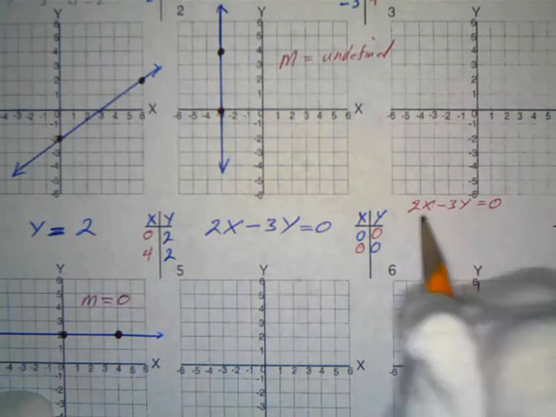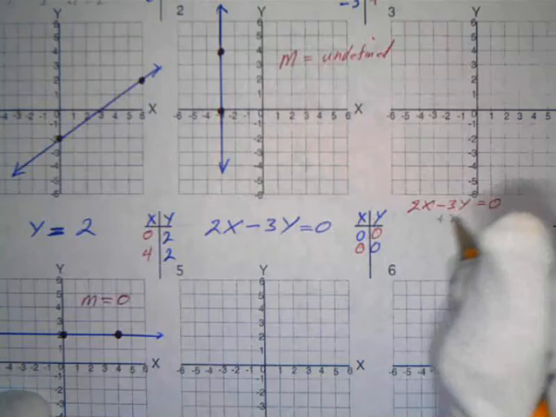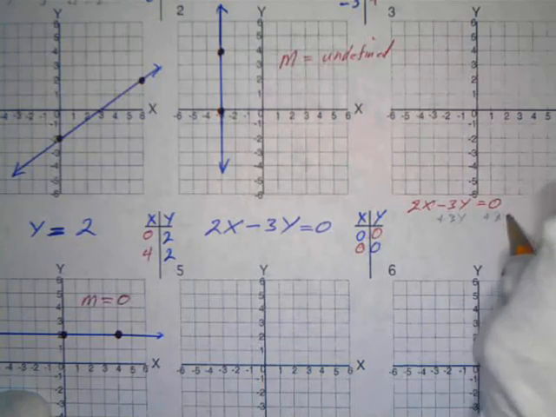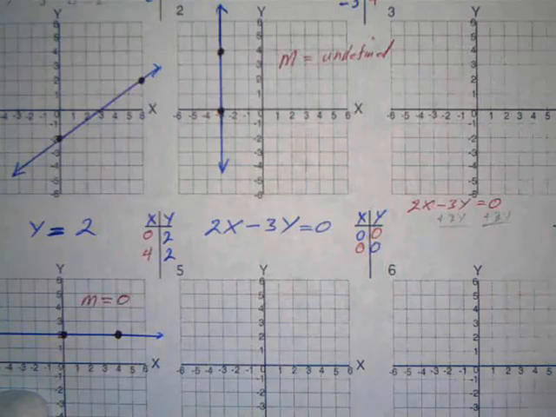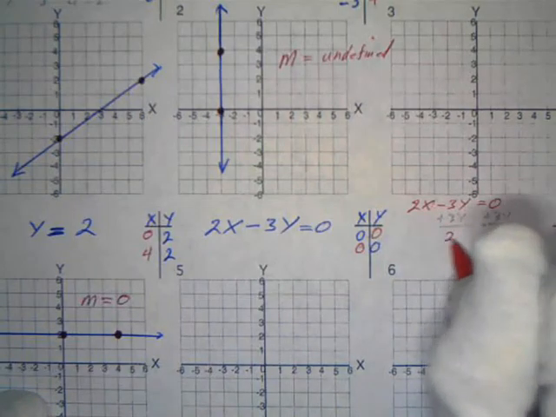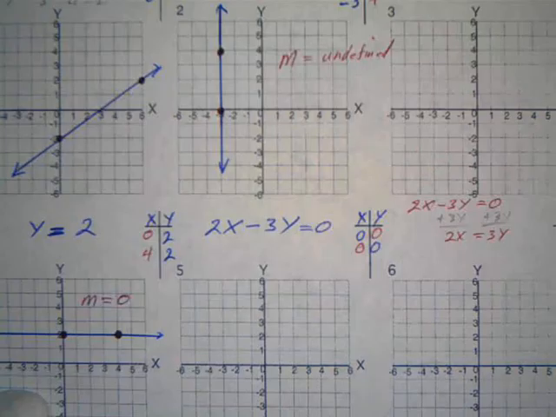And what I'll do is I'll add 3y to both sides, so I can separate my variables. And I've got 2x equals 3y. Then I'll divide both sides by 3.